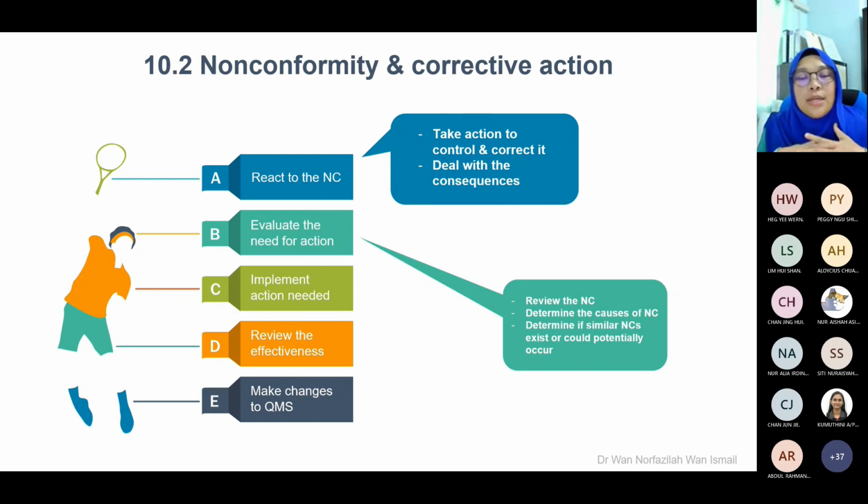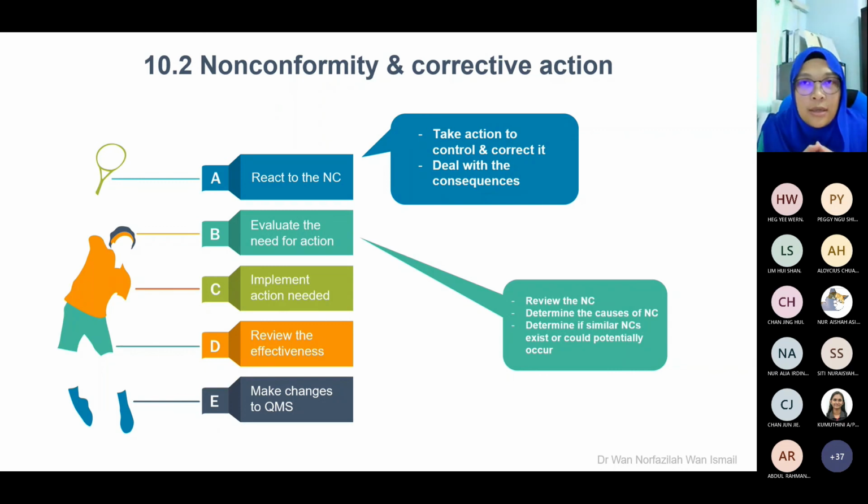How you come up with the action and evaluate the needs. Okay. Review of the non-conformity, determine the causes, root cause, determine if any similar non-conformities exist. If you found the non-conformity in lab A, will a similar non-conformity exist in lab B, lab C? Okay, so evaluate the need for action.